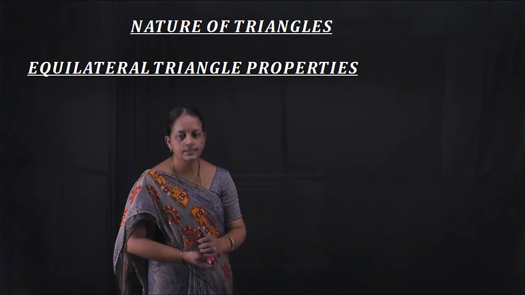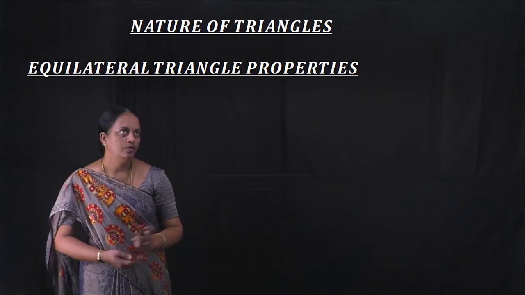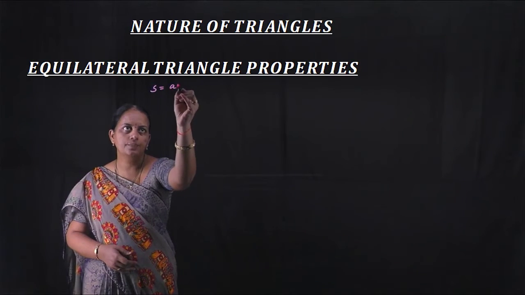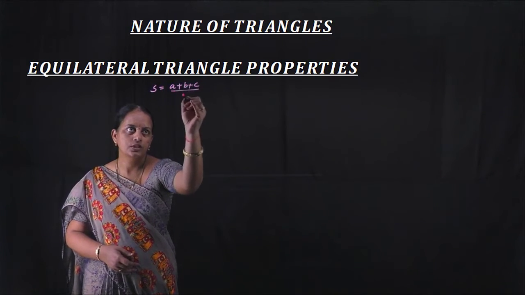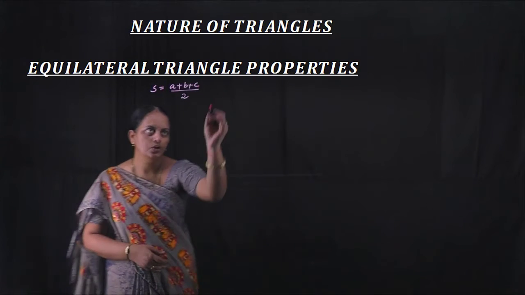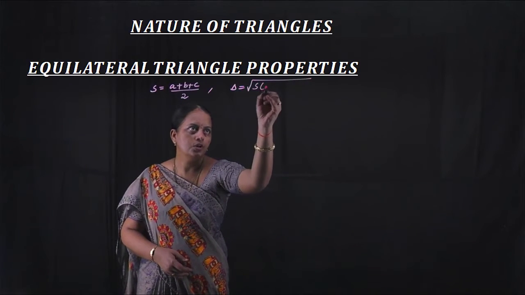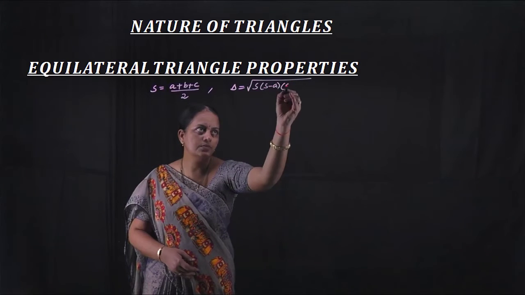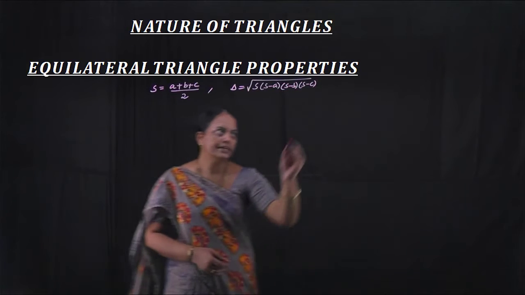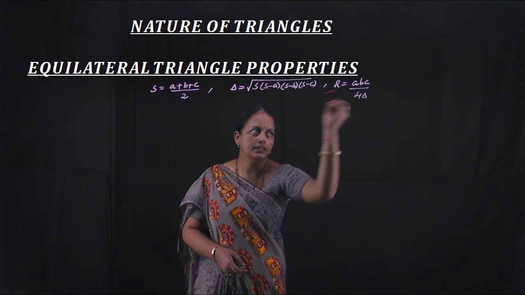Now we are going to discuss the nature of triangles. First one is the equilateral triangle. Already we know that s is equal to (a plus b plus c) by 2, since 2s is equal to a plus b plus c, and delta is equal to root over s(s minus a)(s minus b)(s minus c), and capital R is equal to abc by 4 delta.